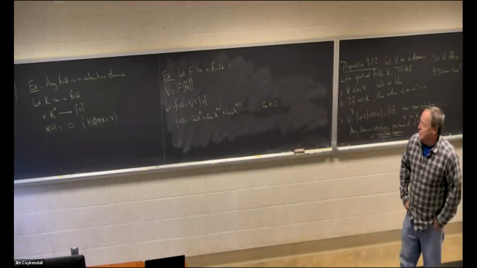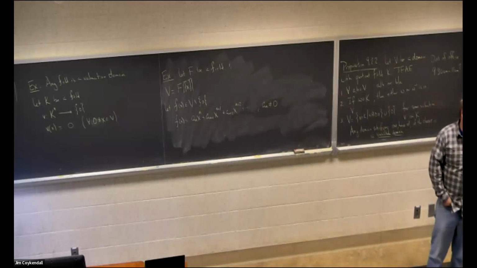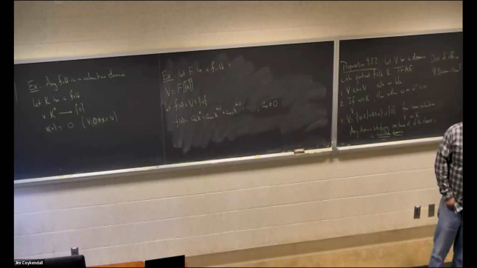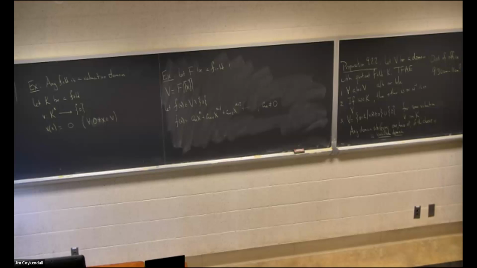Notice that I assume my power series is not the zero series, and so that means it must have at least one coefficient that is not zero. I will let A_n be the smallest such coefficient that's not zero.